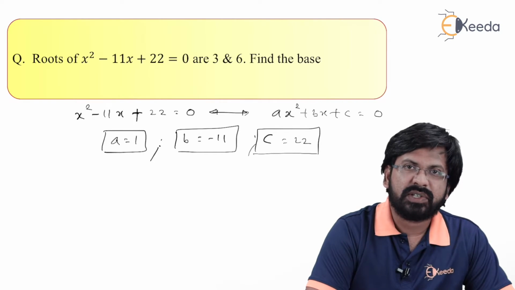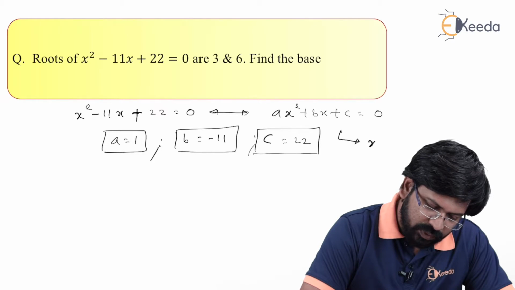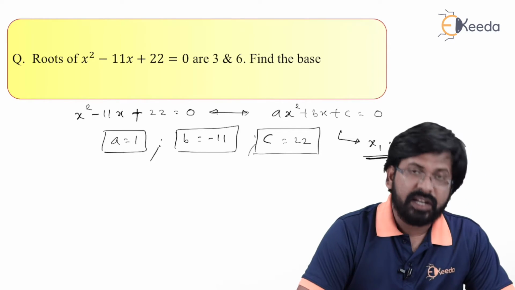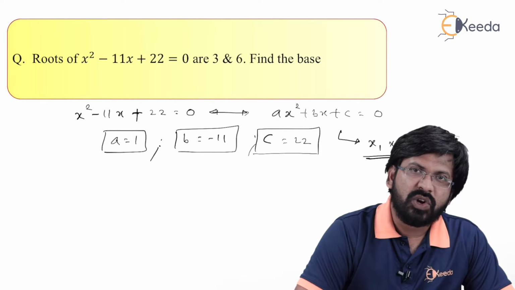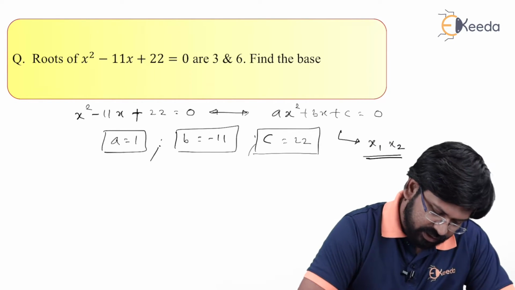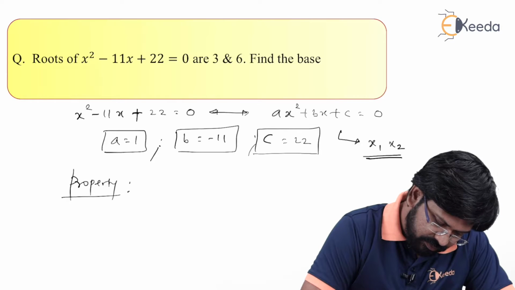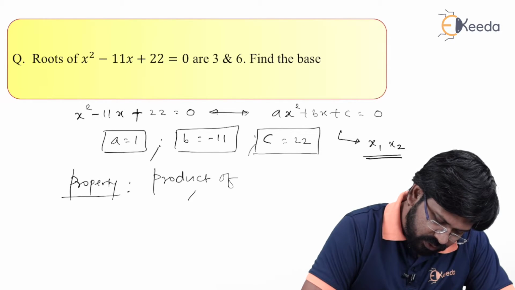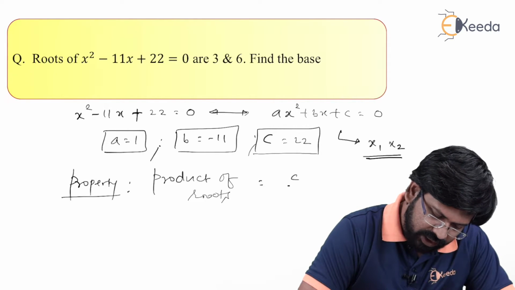So this is the quadratic equation. In a quadratic equation, if we have roots x1 and x2, then by property, the product of roots is always equal to c by a.